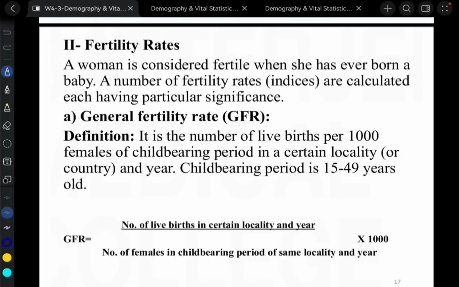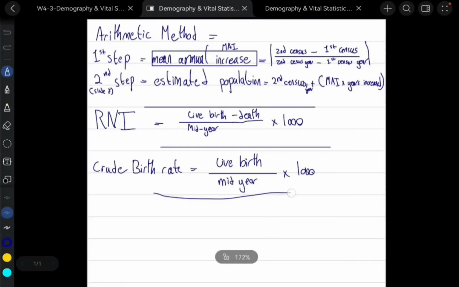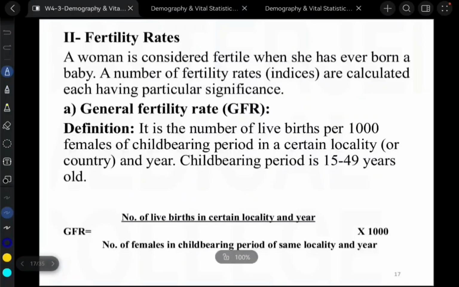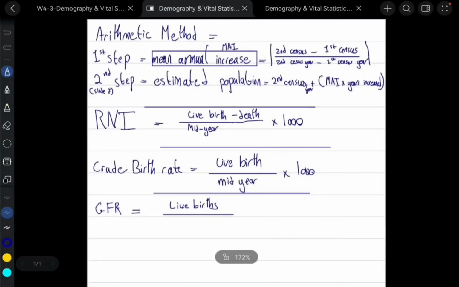So that's the GFR: live births over the number of female childbearing times 1,000.